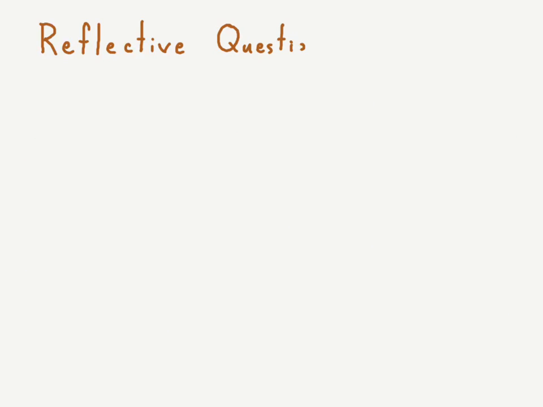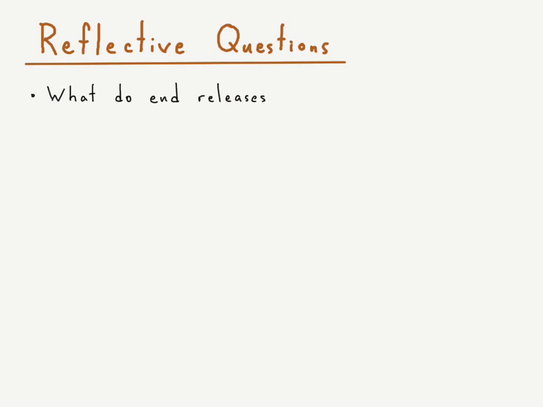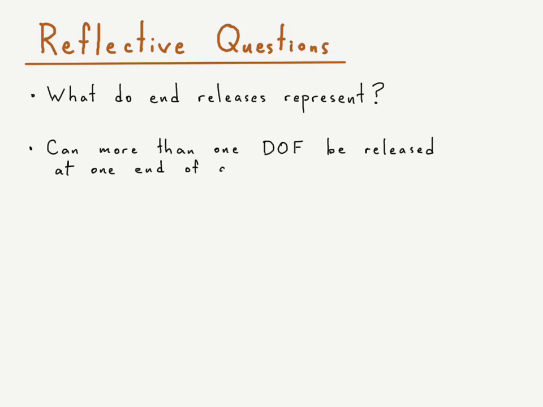So with that, we have some reflective questions. The first reflective question that we have is, what do end releases represent? The next one we have is, can more than one degree of freedom be released at one end of a frame element?